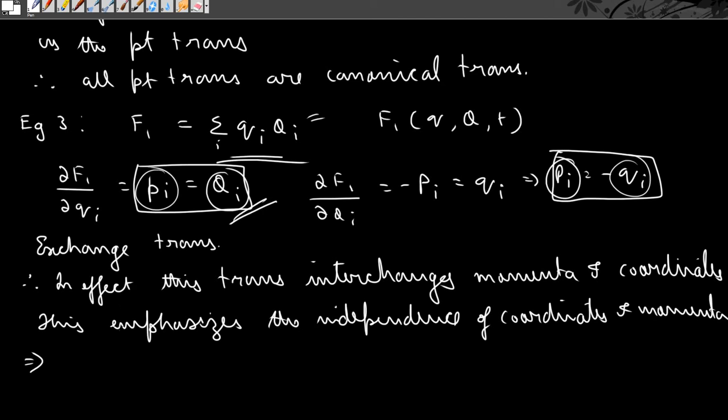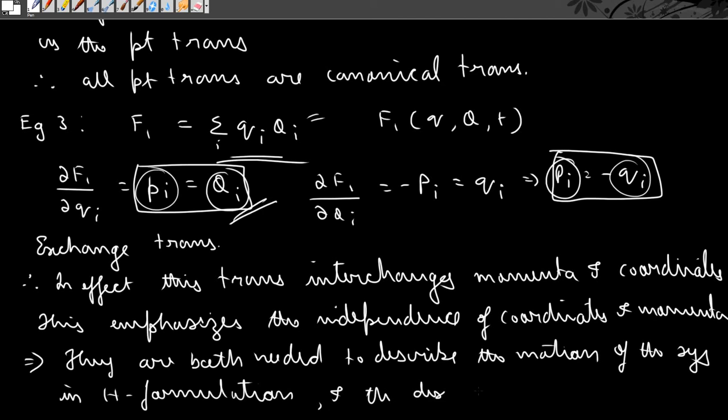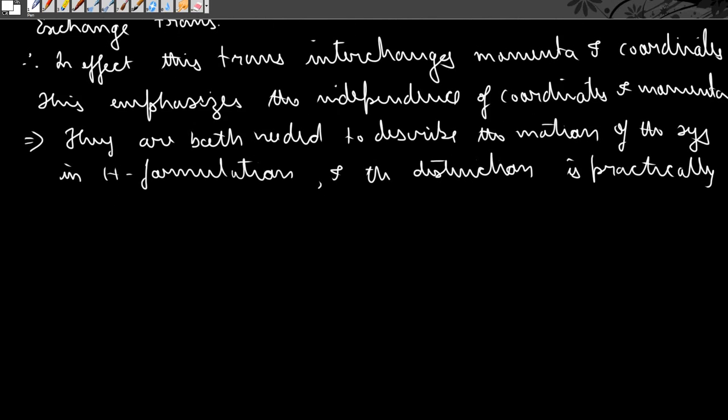Okay, so this implies they are both needed to describe the motion of the system in Hamilton formulation, and the distinction is practically in the nomenclature, that is, the distinction between Qi and Pi is basically only in their name.